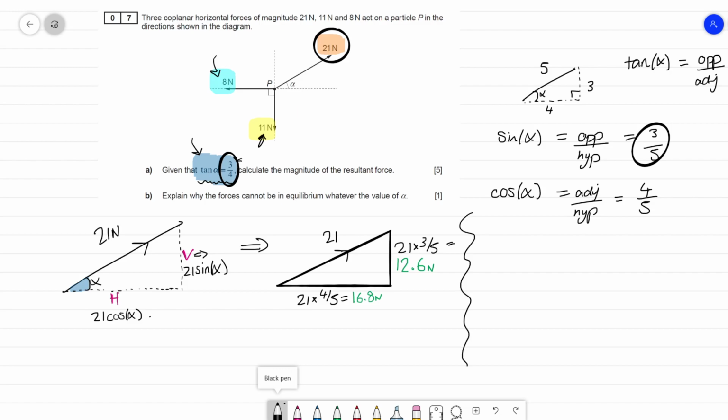So let's look at the balance of forces all together. When we look horizontally, we've got the 8 Newton force, which is going left, and we've got 21 cos alpha going that way. 21 cos alpha was this bit here that I've just underlined, 16.8 newtons going that way.